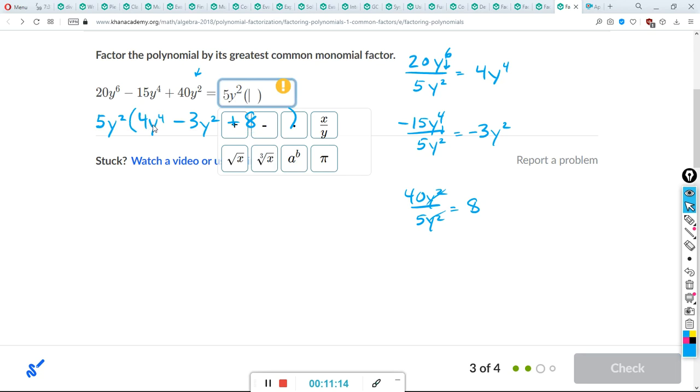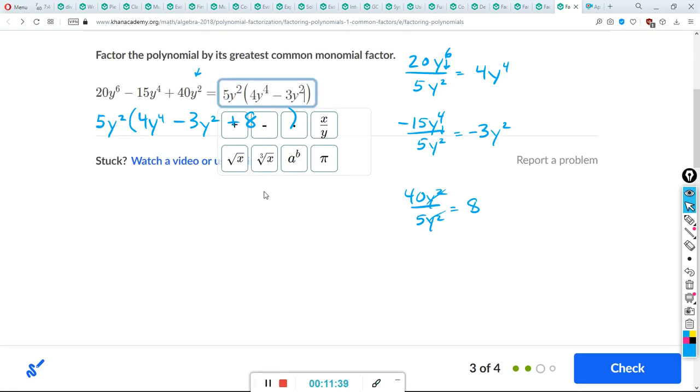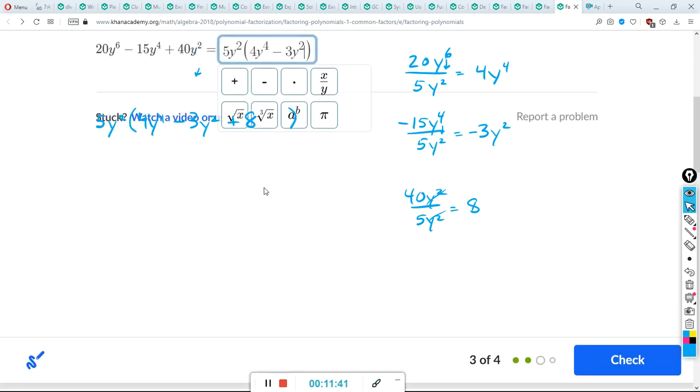Then I'm going to type 4y, hit the exponent button, to the fourth, right arrow key, minus 3y squared, hit the right arrow key, and the last term is plus 8. So inside the parentheses, plus 8. So there's your answer right there.